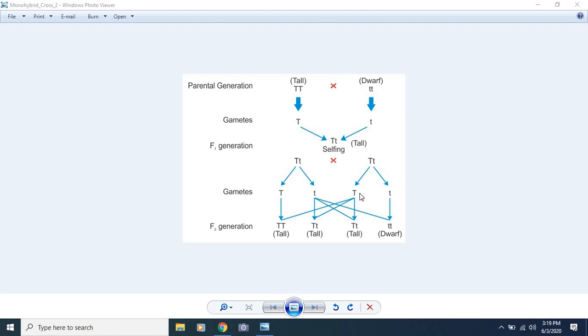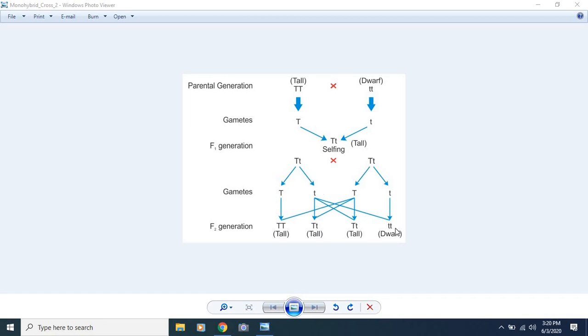How is this cross made? First you take the capital T of this and cross it with the capital T of this particular group, so the resultant will be capital T. Again, small t of this and capital T of this, so the resultant will be capital T and small t.